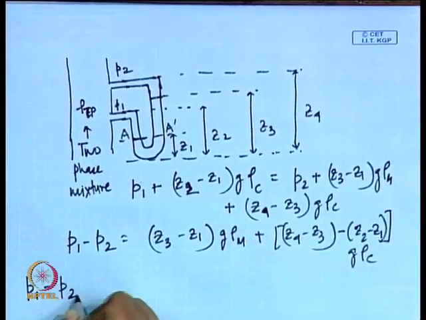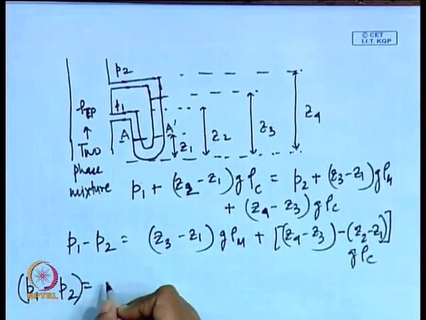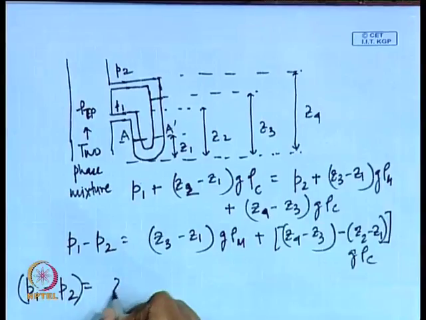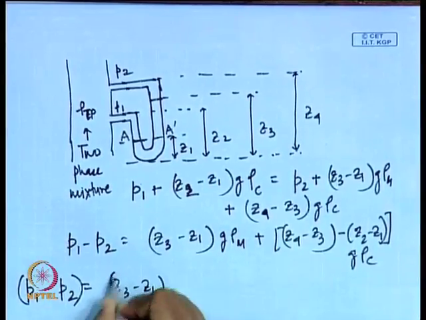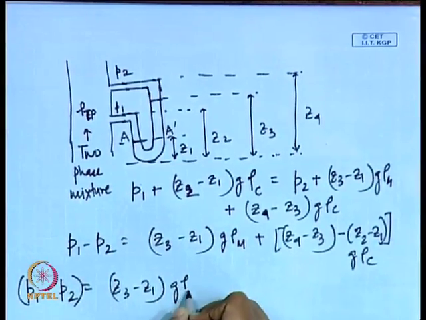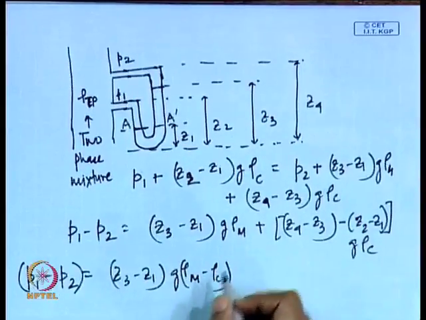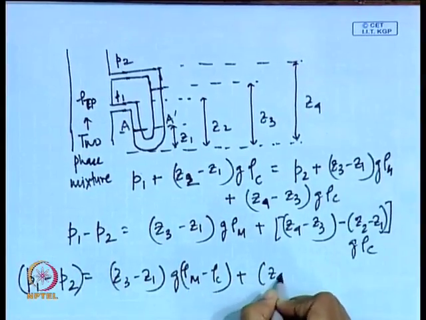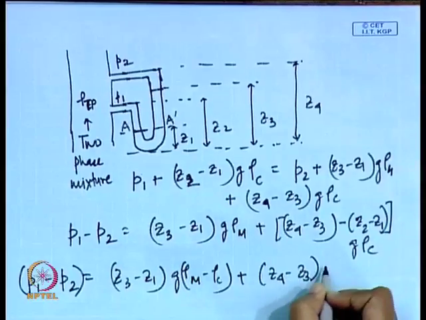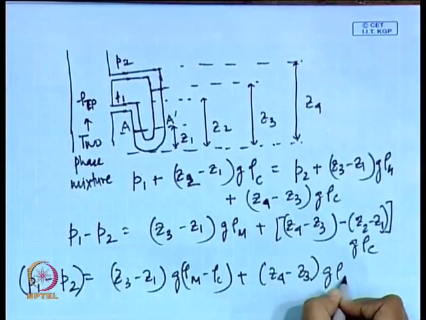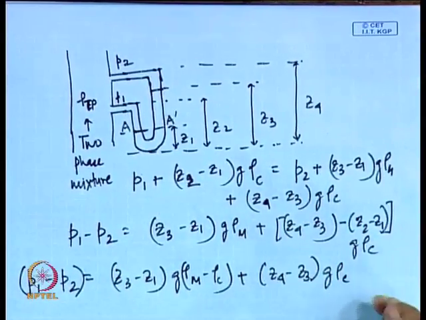Or in other words, this can be rearranged and written as P 1 minus P 2 equal to Z 3 minus Z 1 G rho M minus rho C, just rearranging this, plus Z 4 minus Z 3 G rho C. Agreed?